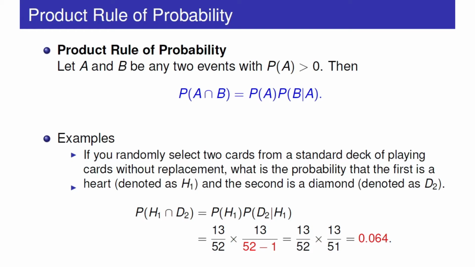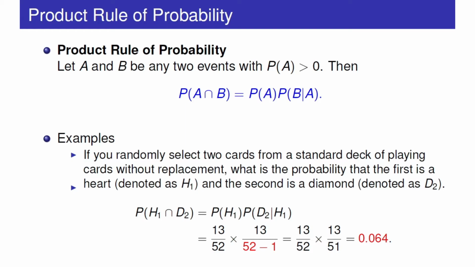It can be easily calculated that the probability for the first to be a heart is 13 over 52, because there are 13 hearts among a deck of cards. Times, now, this conditional probability of D2 given H1 is 13 over 52 minus 1, because this is after the first draw of a heart.